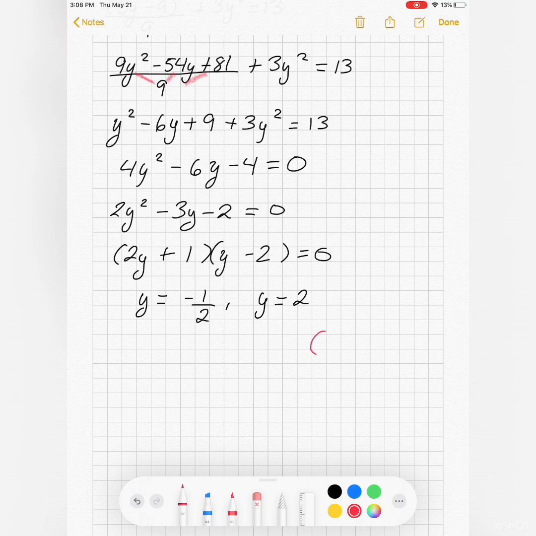Okay, so now I have my pairs, but I have to find the corresponding x's.